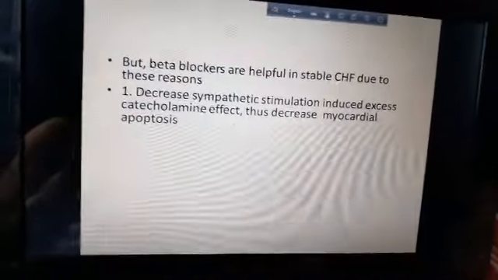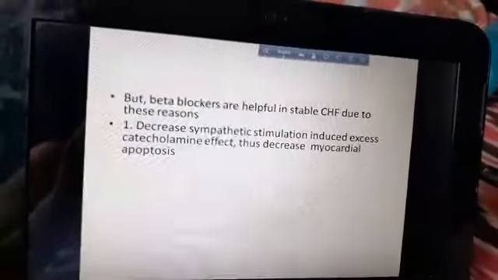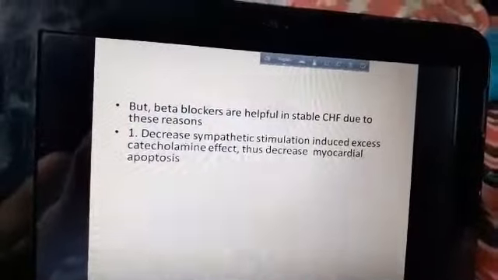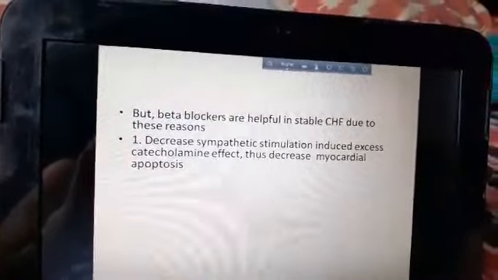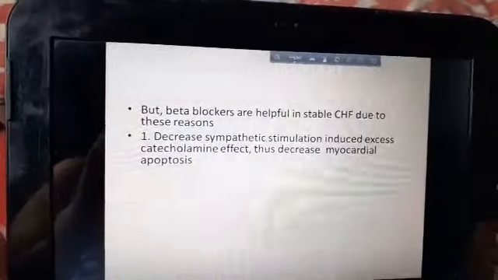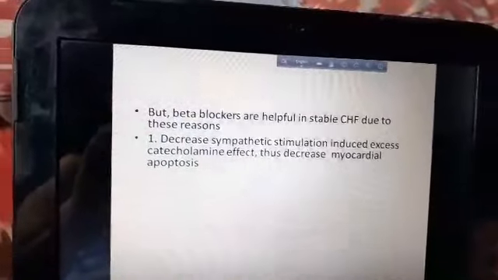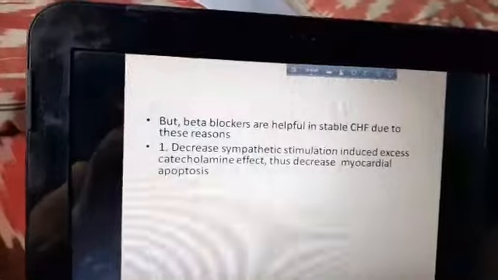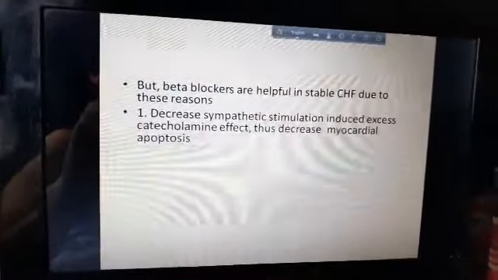The body tries to cause sympathetic stimulation, and that causes increased catecholamine effect and increased myocardial apoptosis, which causes remodeling of the heart. Beta blocker, by reducing this catecholamine overactivity, will prevent this myocardial apoptosis, and that will decrease the remodeling.